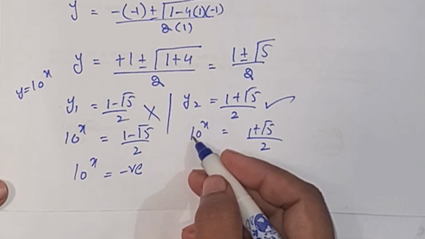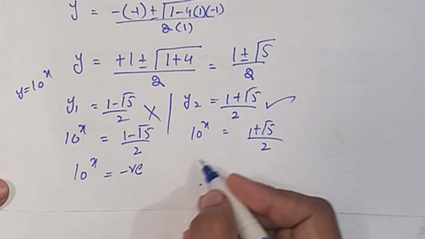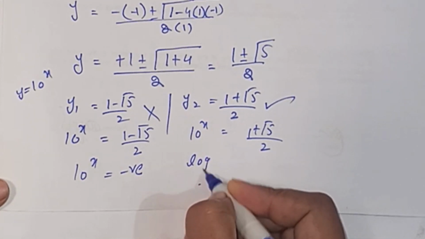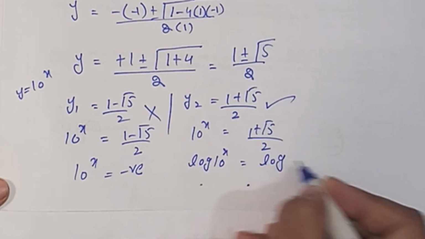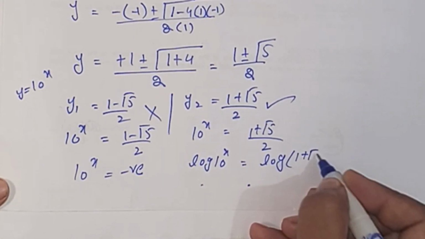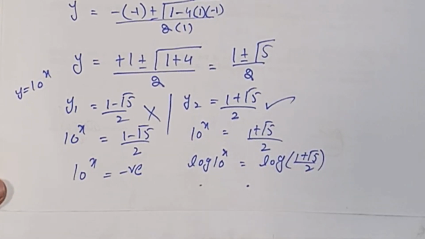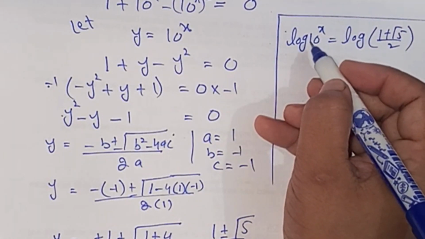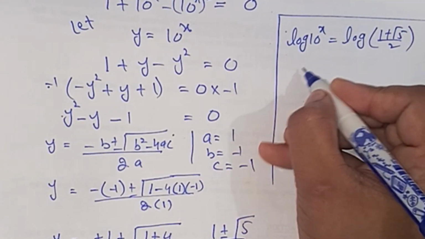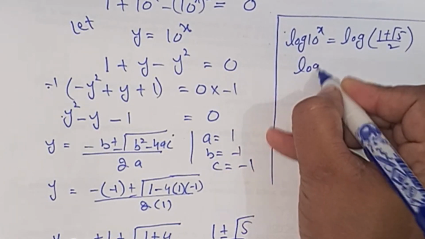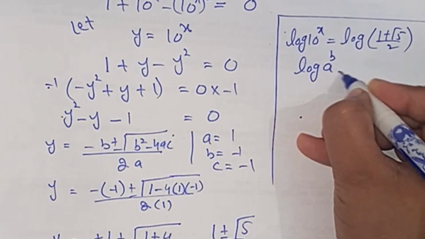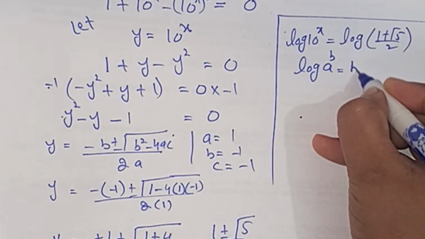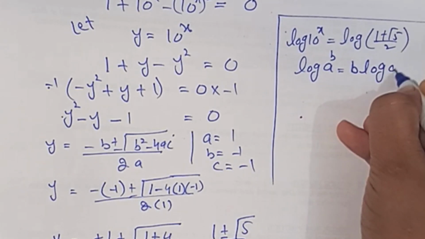For this, we take the log on both sides of the equation. So log of 10 raised to the power x equals log of 1 plus square root 5 over 2. Here we use a property of log: log a raised to the power b equals b log a.